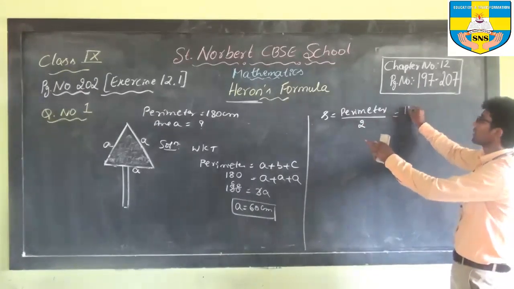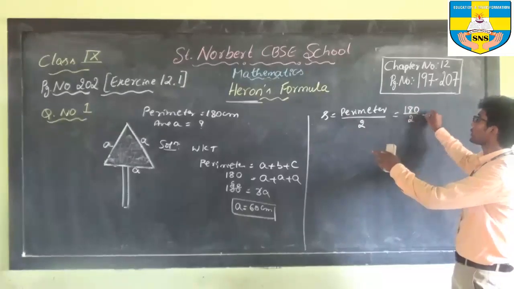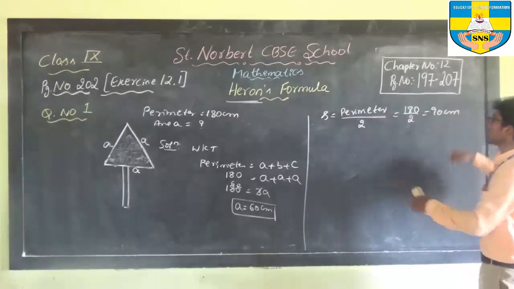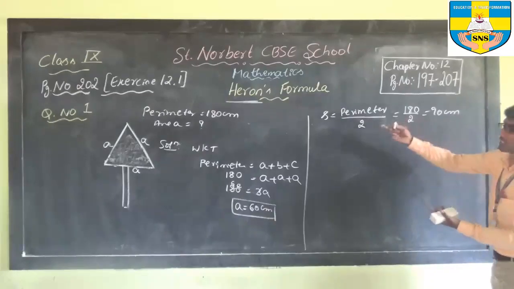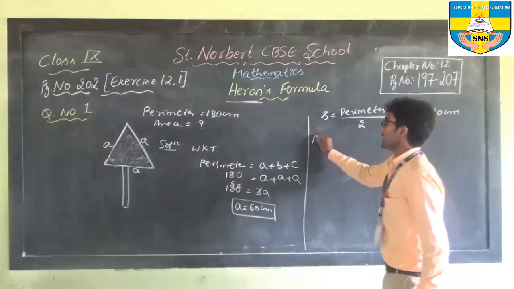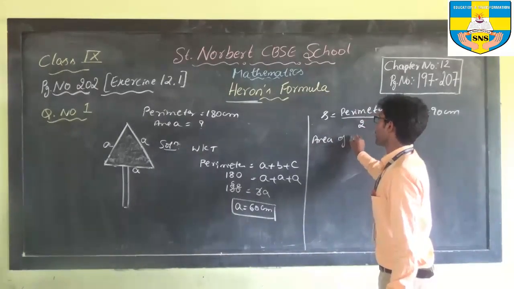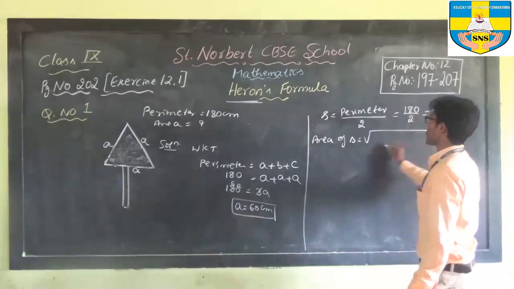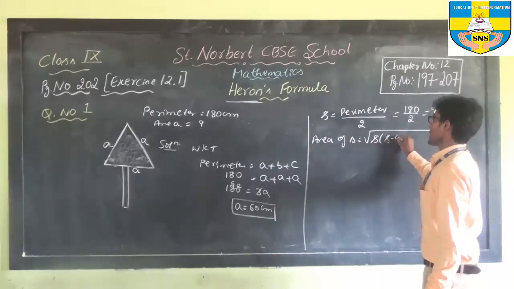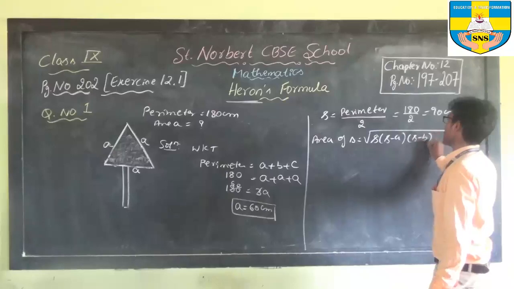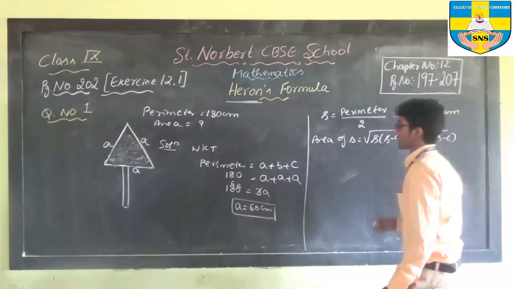Now perimeter is 180 divided by 2, that is nothing but 90 centimeter. So S is there, A is present. Next, area of triangle is equal to square root of S minus A, S minus B, S minus C.